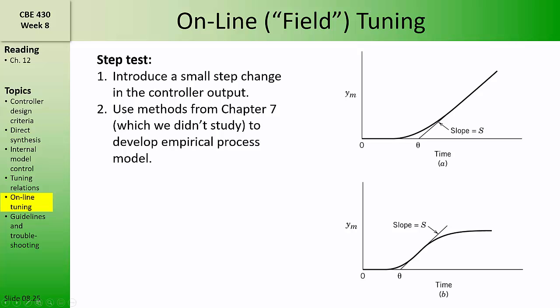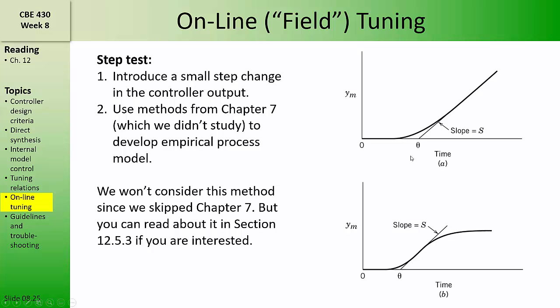If the process is a self-regulating process, that is, if the differential equation describing the behavior of the controlled variable in the time domain has a negative contribution from the controlled variable, then the process should come to a new steady state. For non-self-regulating processes, such as integrators, a small step change in the controller output may lead to a continuous deviation in the controlled variable.